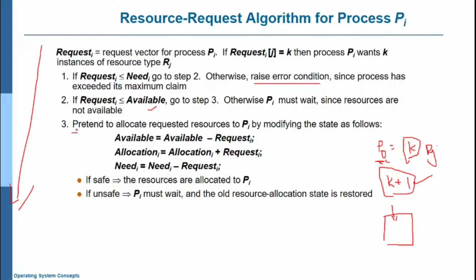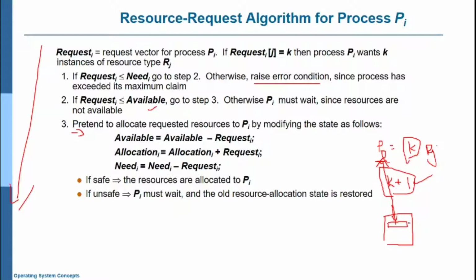In step 3, the system pretends to allocate the requested resources to Pi. It checks whether, in the available pool, we can allocate the resources to P0.